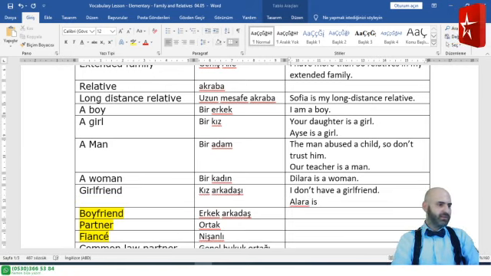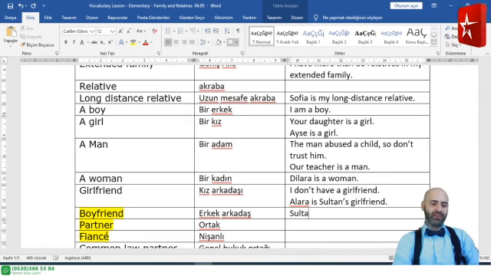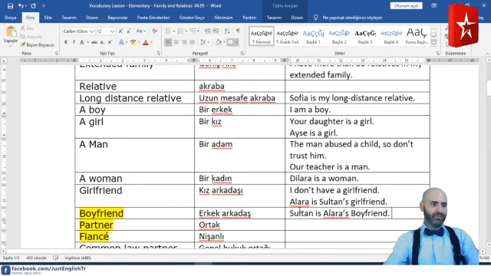Alara is Sultan's girlfriend. Good. I will take the same sentence and write Sultan is Alara's boyfriend. Good one.